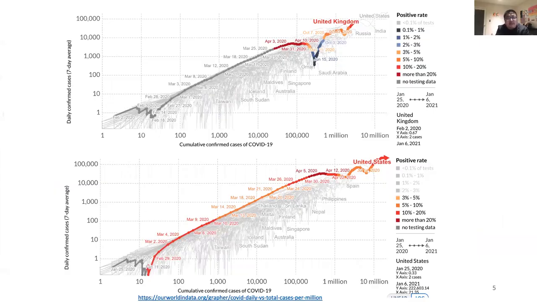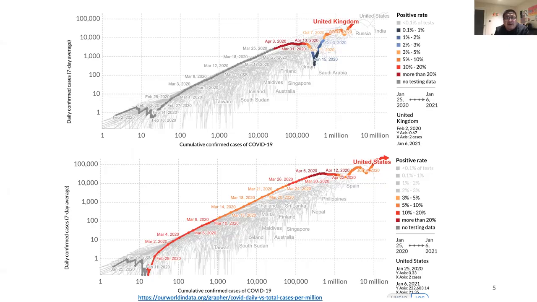And this is a curve showing, over time, the trend of the increasing number of confirmed cases for two different countries. The top one is the curve for the United Kingdom, and both figures are in log scale.